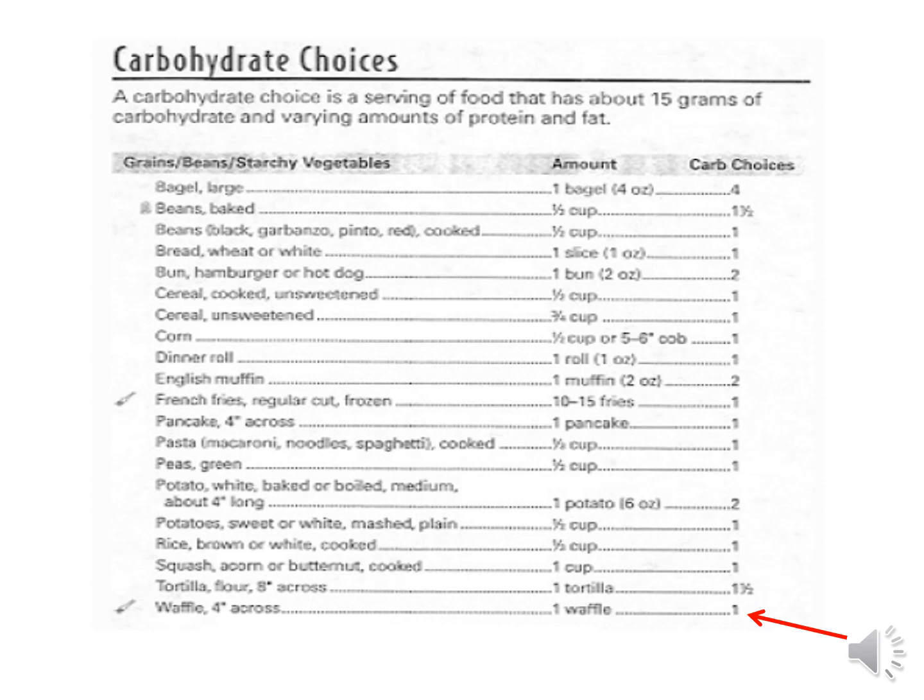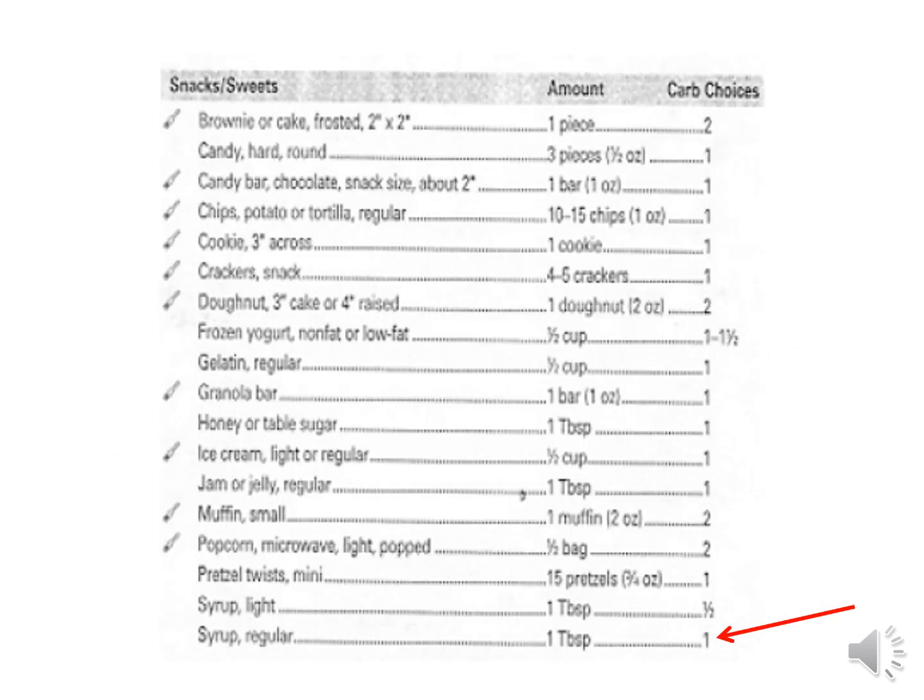For breakfast, I wanted to have a waffle. You'll notice that one 4-inch waffle is 1 choice, and that's 15 grams. I wanted to have some syrup with that, so diabetics can still have sugar. It's just that you have to limit it, but I'm going to have 1 tablespoon of syrup, which is 1 choice.